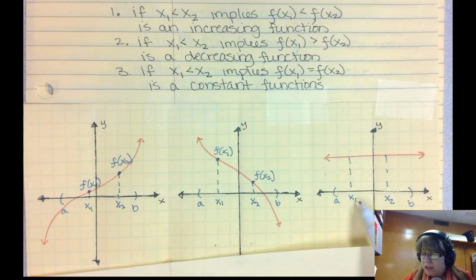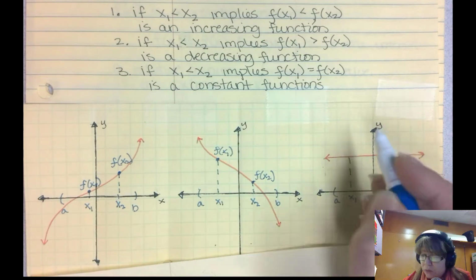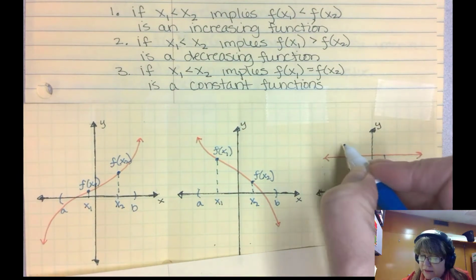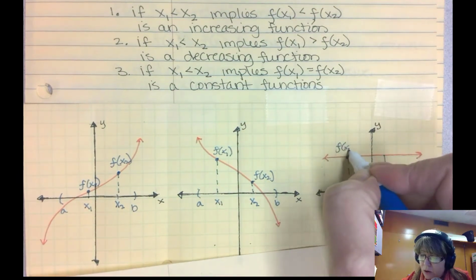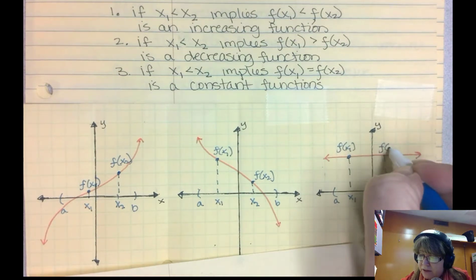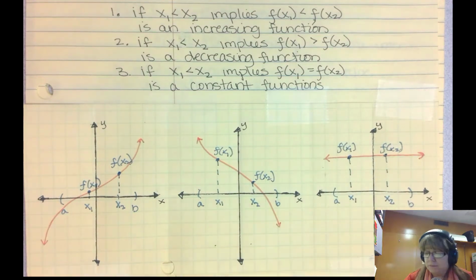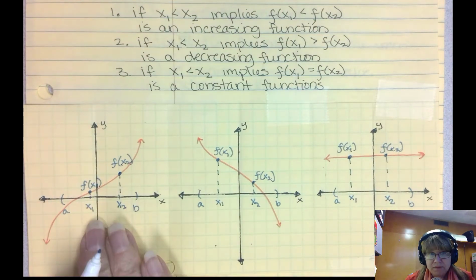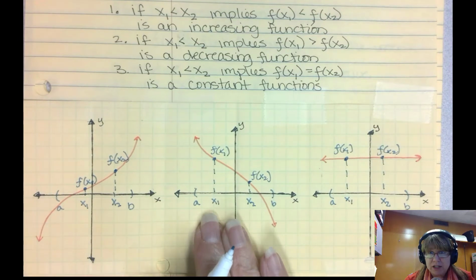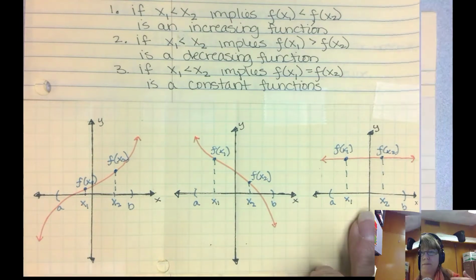And now we have x1 and x2, and we plug those into the function, and we get out a constant value, f of x1 and f of x2 here, and they are the same value. This is a constant function. Increasing function, decreasing function, constant function.